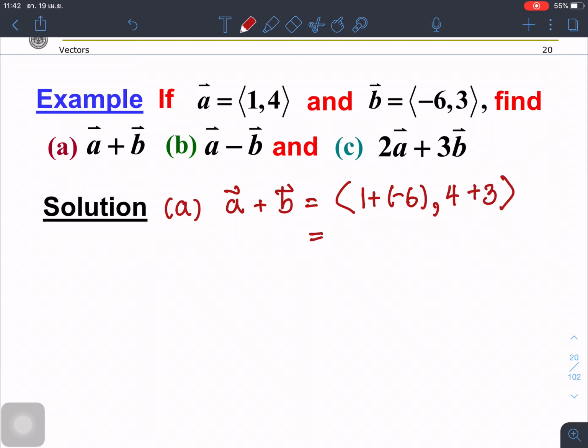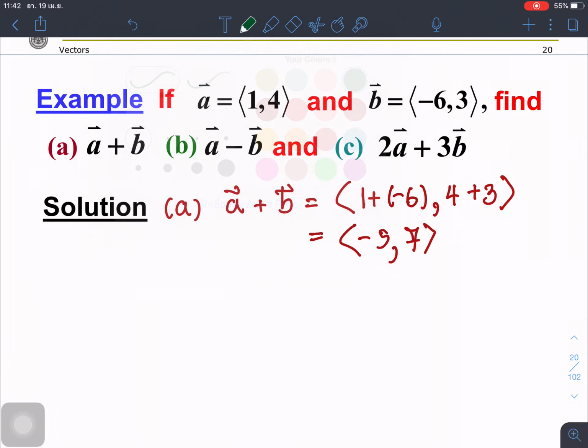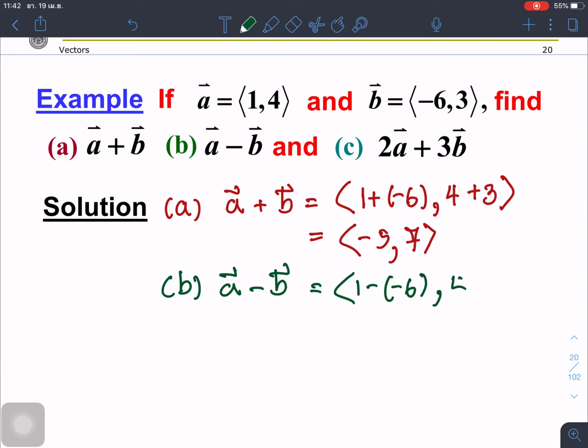Then you get negative 5 and 7. That is the resulting vector. Next, B, A minus B. So 1 minus negative 6, 4 minus 3. So we get 7 and 1.